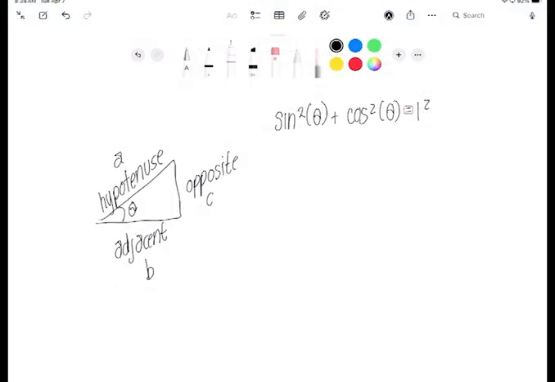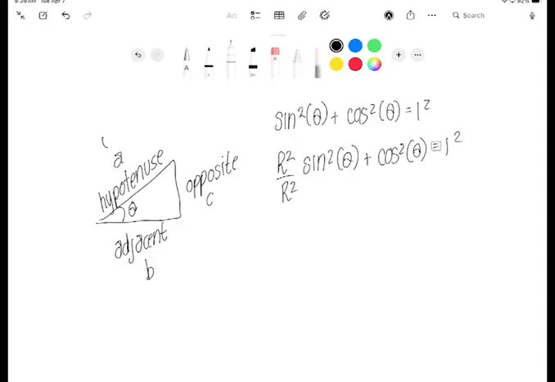So now we're going to try to create a new relationship. So in this case, we're going to multiply sine squared with r squared. So you might be asking yourself, what's r?